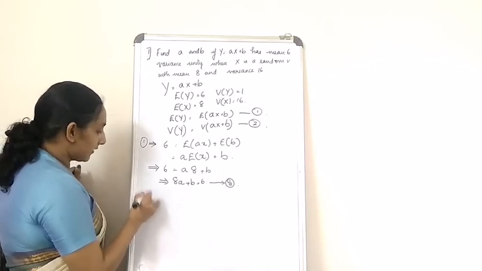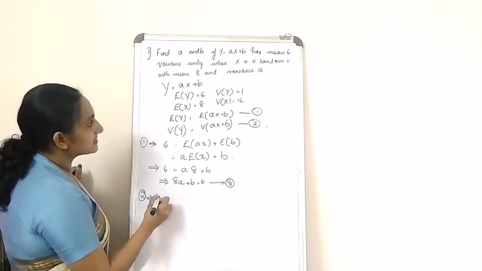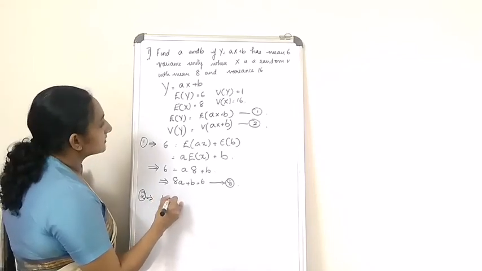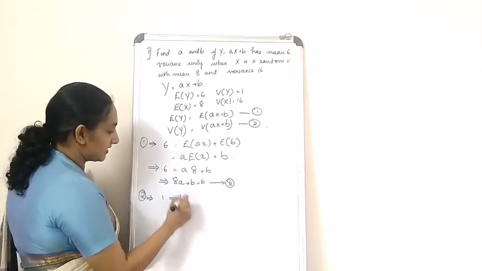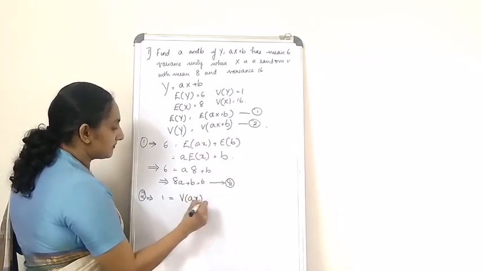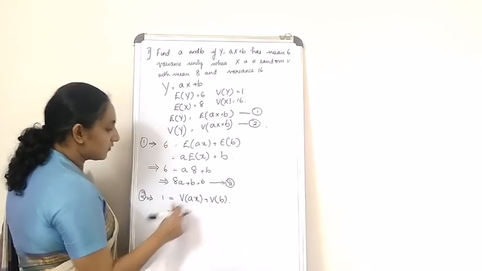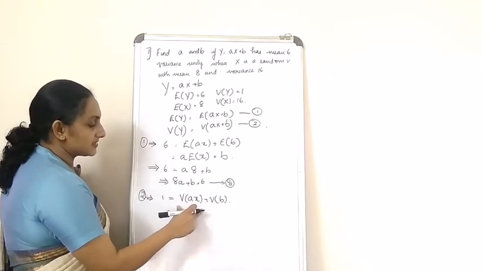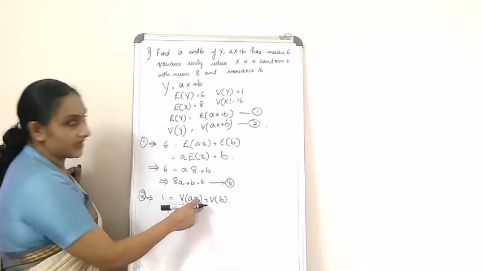Now from equation number 2, what I get is variance of y, which is 1, is equal to variance of ax plus b, that is variance of ax plus variance of b. We have studied the result of what variance of ax is.